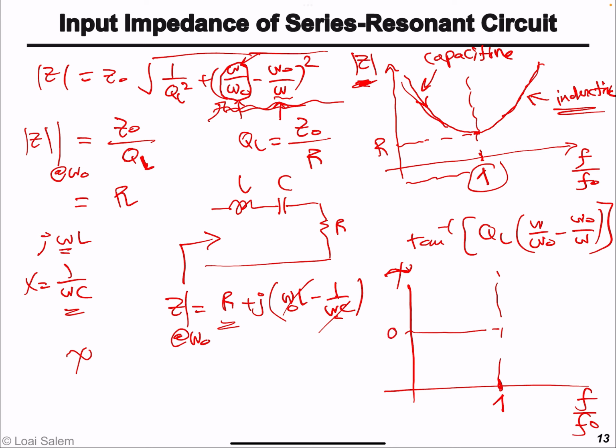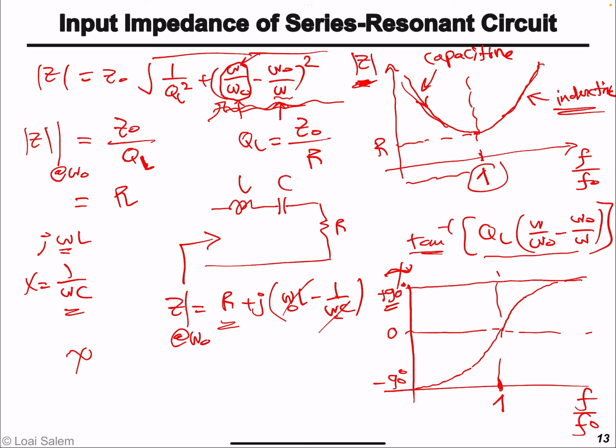On the other hand, if we look at the tan inverse function for frequencies above resonance, the phase is approaching 90 degrees. And for frequencies below resonance, the phase approaches minus 90 degrees, or psi approaches minus 90 degrees.